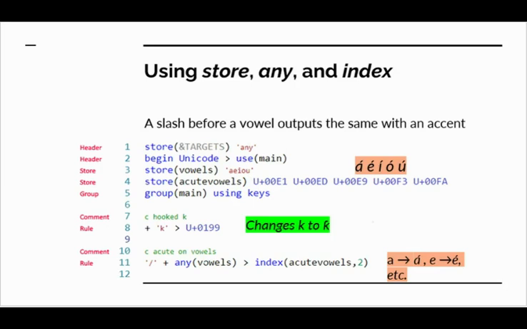You have a colon before a vowel that would change it to a diaeresis, and so on. One can imagine lots of different things that would be done here. But the rules are basically a context, a lookup in an array, and the output. If the any part doesn't match, which means that I type something other than an A, E, I, O, or U, then that rule won't fire.